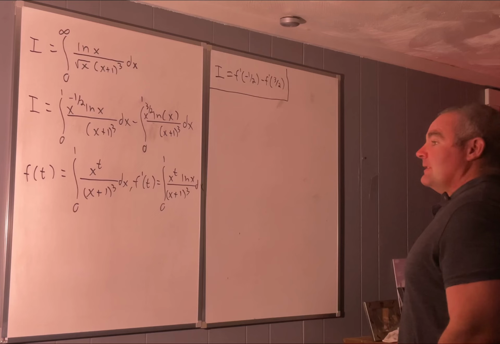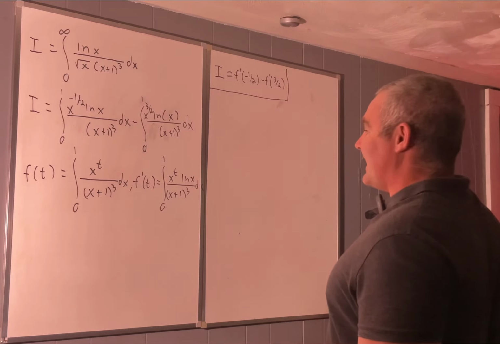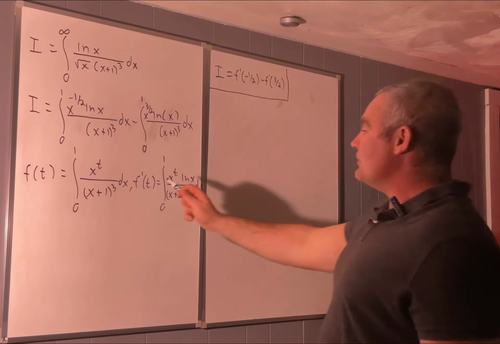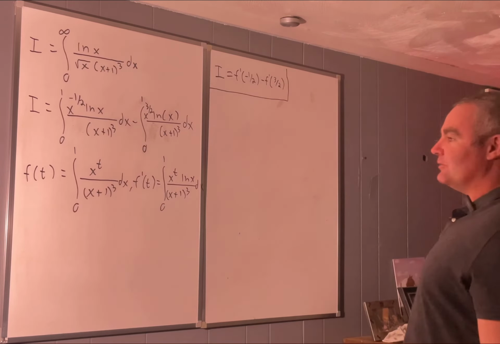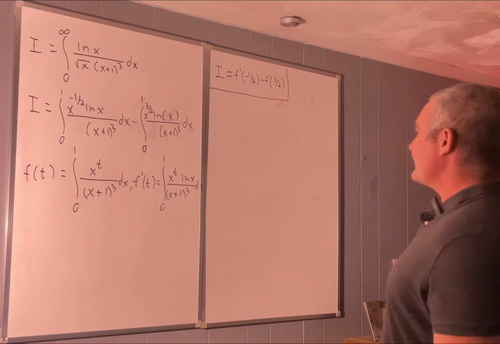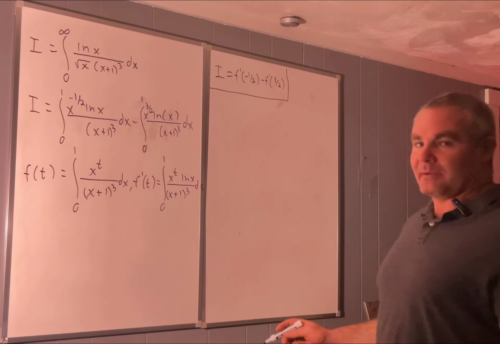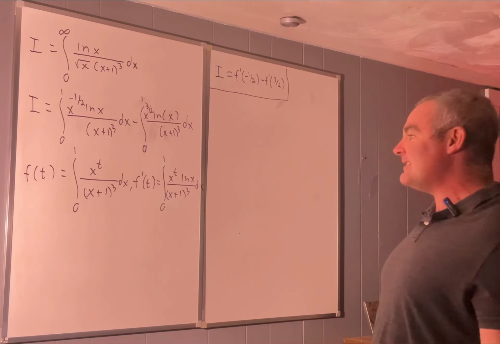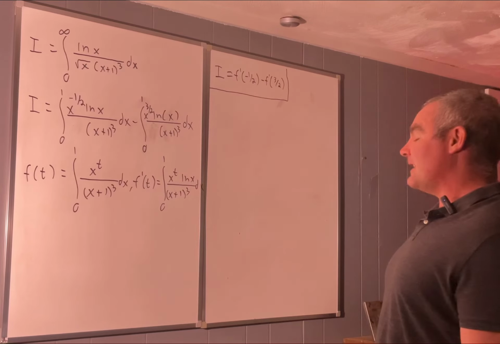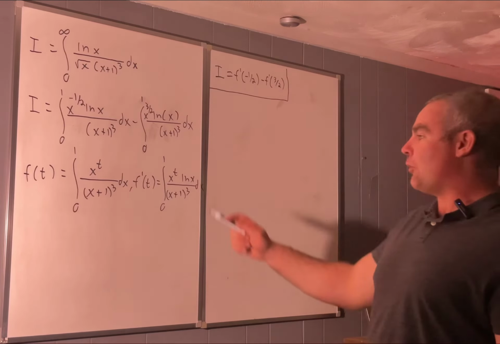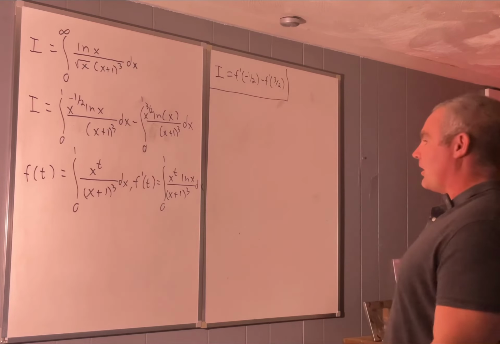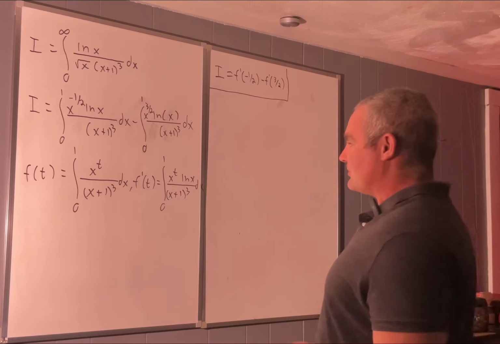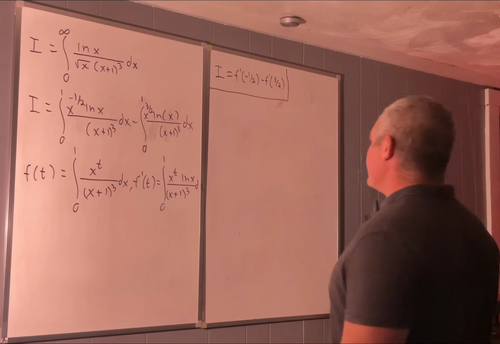All right. So, next step, we want to find a new representation for our f of t, because it doesn't do us any good as is. As in my previous two videos, we need to find a Taylor series representation for some part of this integral, and the part that's pretty obvious to choose is 1 over (x plus 1) cubed.